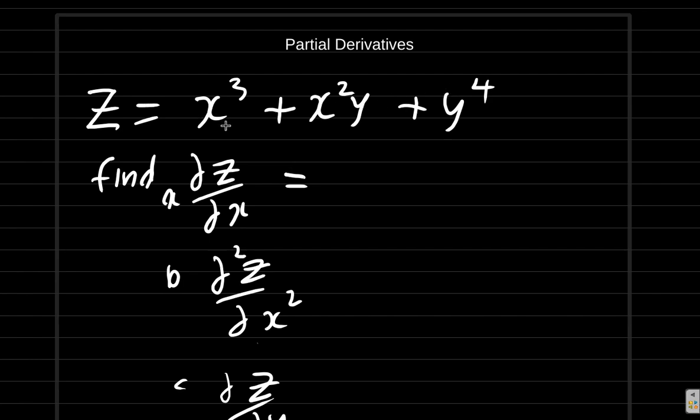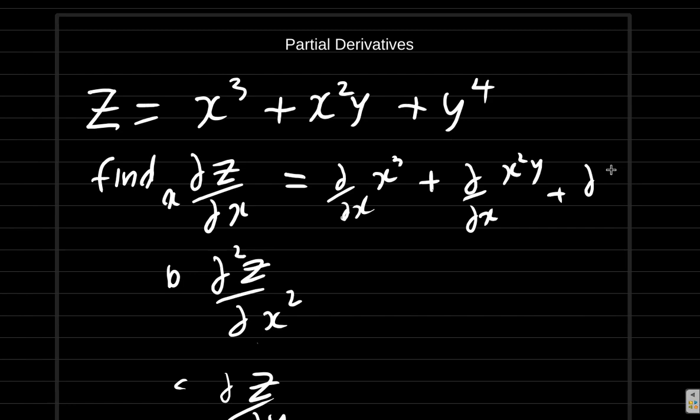This means if you differentiate each of them separately, you would have the partial with respect to x of x cubed plus the partial with respect to x of x squared y plus the partial with respect to x of y to the fourth.